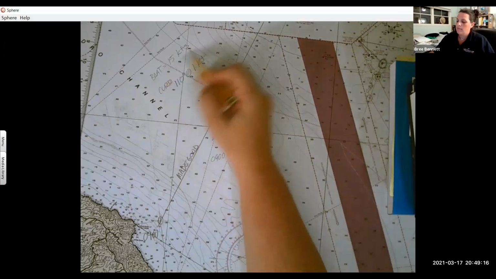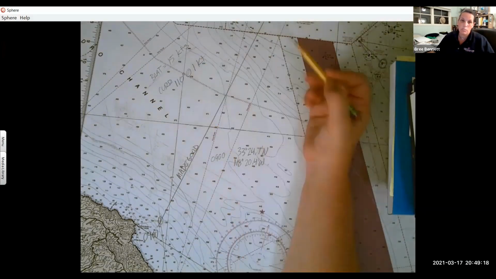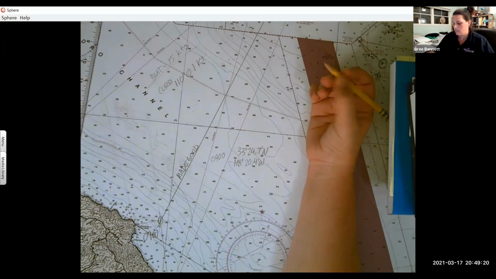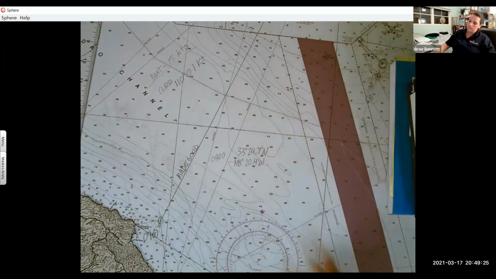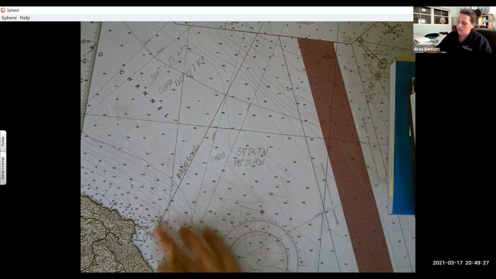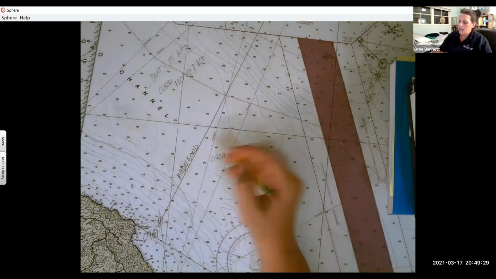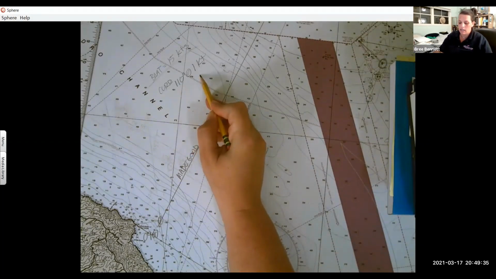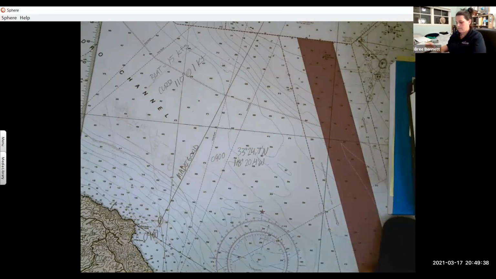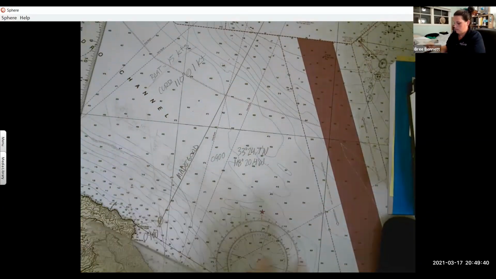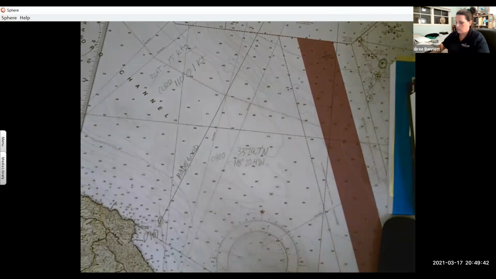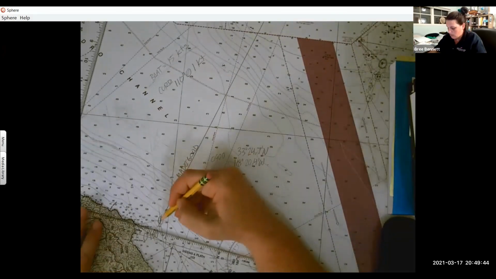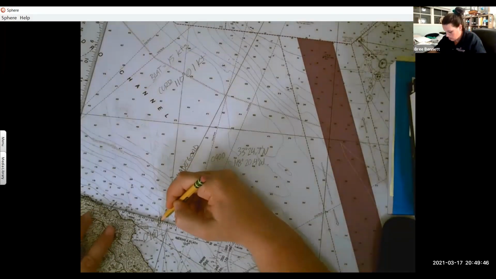So I need to create my boat line. And I know that my boat is going to be at a set speed of 15 knots. So let's get started drawing our triangle. I have a starting point. I have my made good line. I'm now going to draw in my current, my 110 at 1 knot current line. So I'm going to find 110.